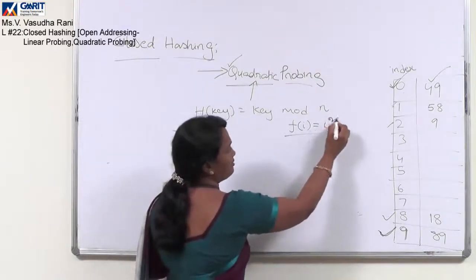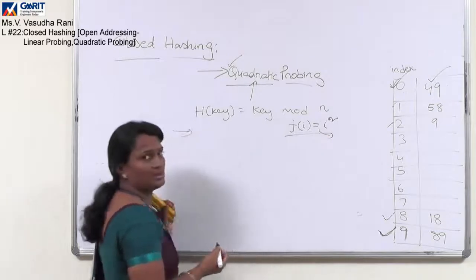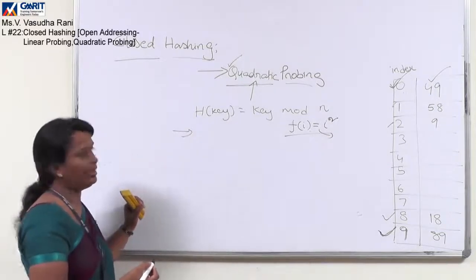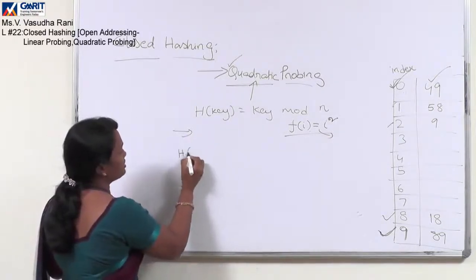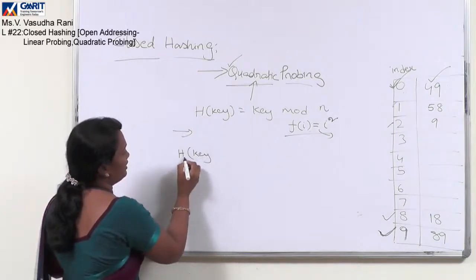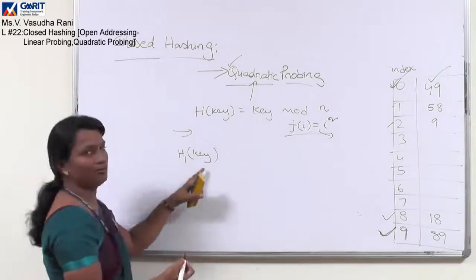As it is having a term I square, this is defined as a quadratic expression, and our hash function is modified like this: h1 of key.